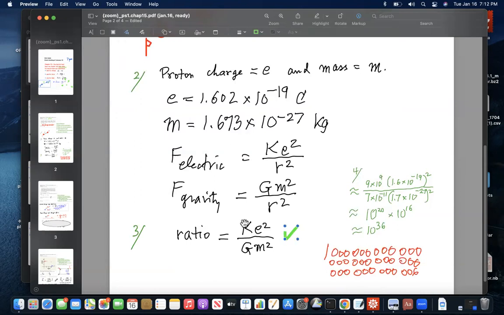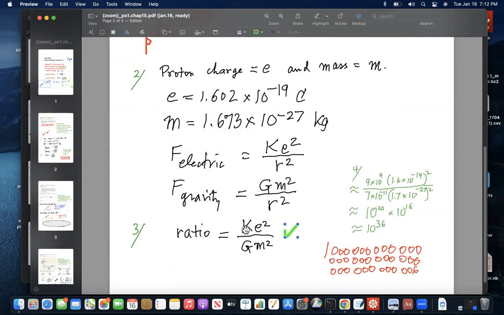Now, the reader will want a number. So now I have to multiply 4 numbers together. Now, if I just look at the numbers, k has a value 9 times 10 to the 9th in standard units. e has a number 1.6 times 10 to the minus 19.